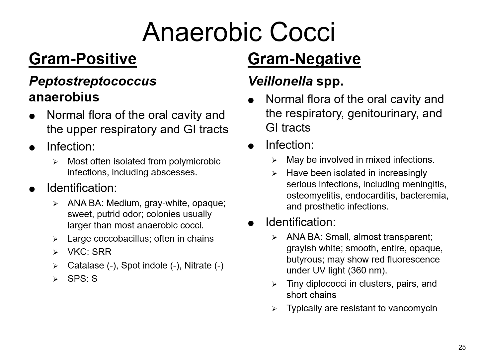We would identify this organism growing on an anaerobic blood agar plate with small, almost transparent grayish-white colonies that are smooth, entire, opaque, and these colonies can also have a red fluorescence if you were to use a UV light at 360 nanometers. On gram stain, they have tiny diplococci in clusters, pairs, and short chains, and they are typically resistant to vancomycin.